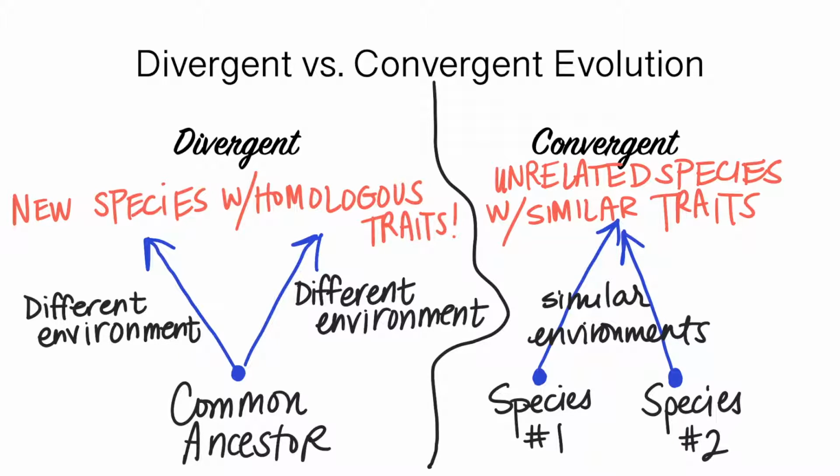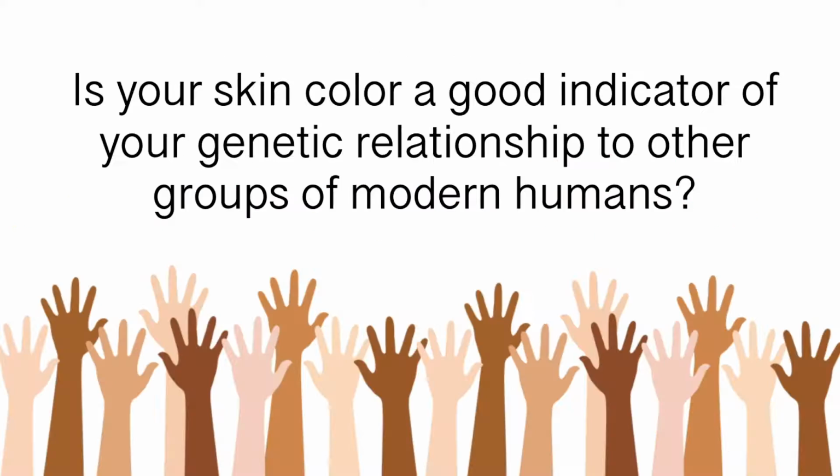But what does that really mean? To get you thinking about it, I'm going to start off by posing a question. The question I want to pose to you is whether or not you would think that your skin color is a good indicator of your genetic relationship to other groups of modern humans.